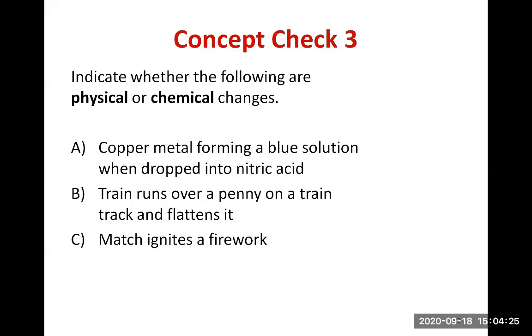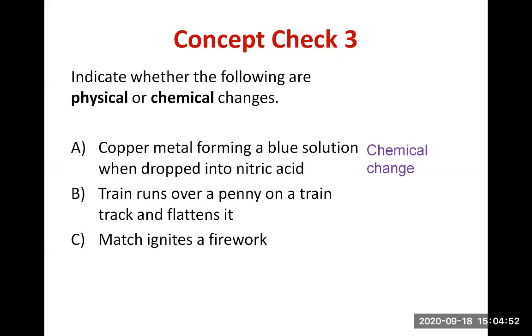And so that typically represents a chemical change. The blue in the solution is actually due to the copper 2+ ions. That's an ion that gives a blue color to solutions. So that means the copper, first as a solid metal, became an ion in solution. So that really represents a chemical change.